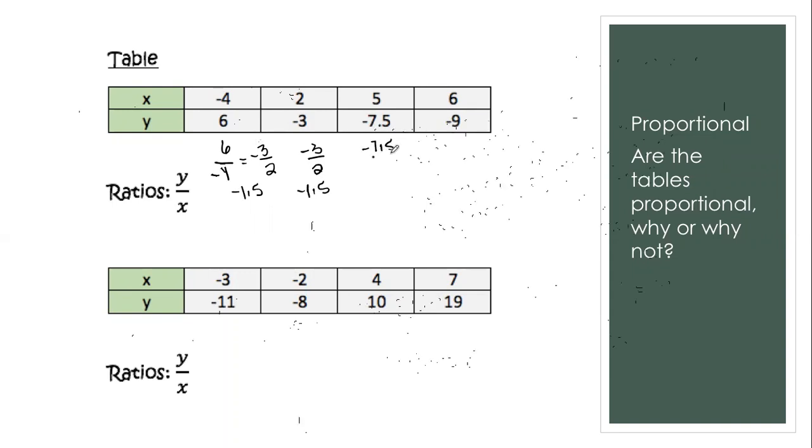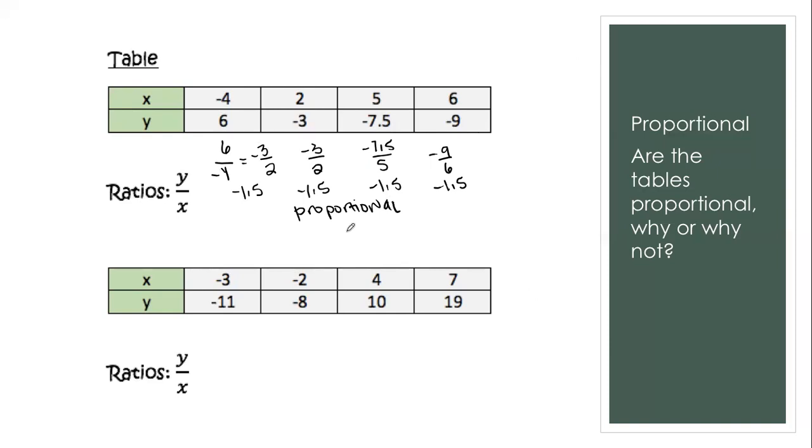Negative 7.5 over 5 is also negative 1.5. And negative 9 over 6 is also negative 1.5. So since they all have the same ratio, I know that this is proportional. And because the ratio between them is negative 1.5, I know that my equation is y equals negative 1.5x.